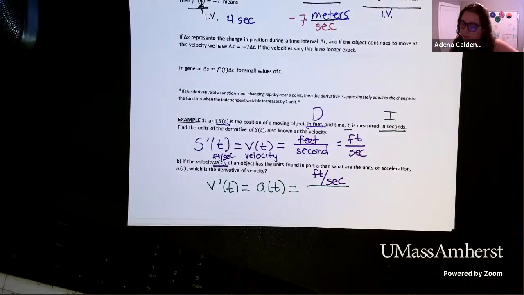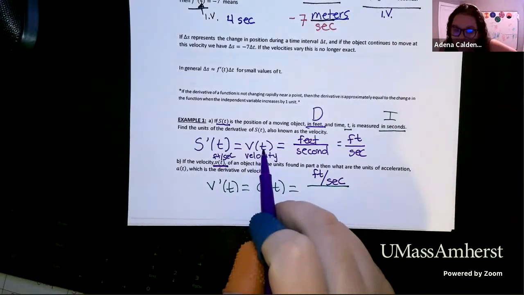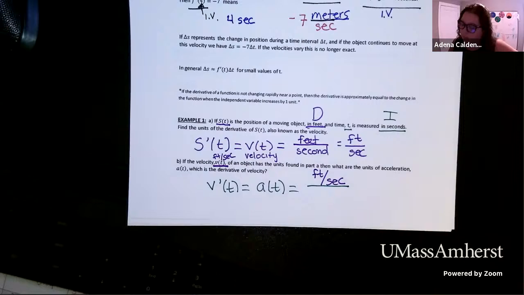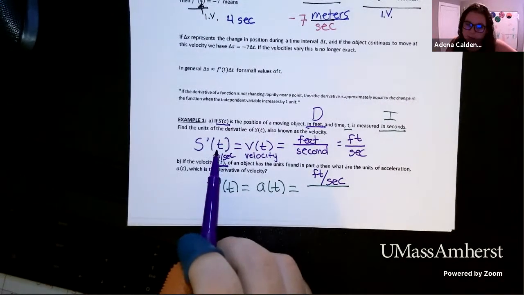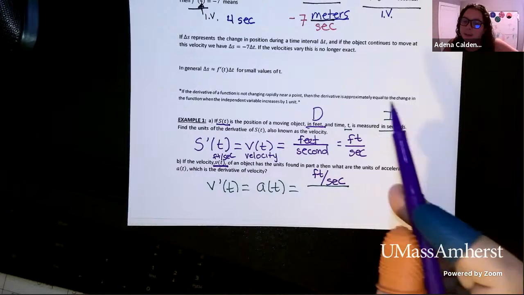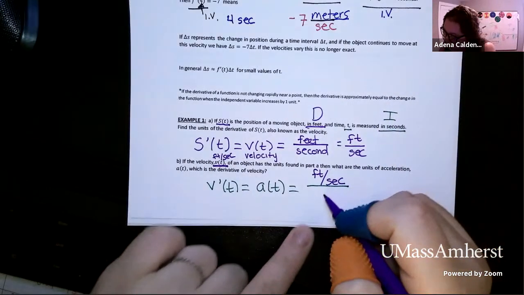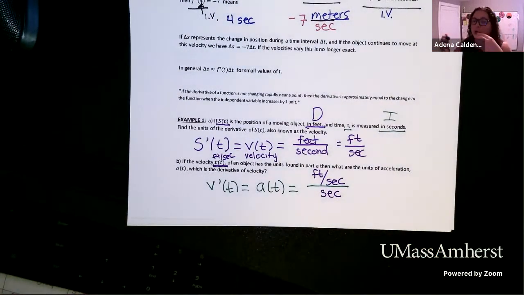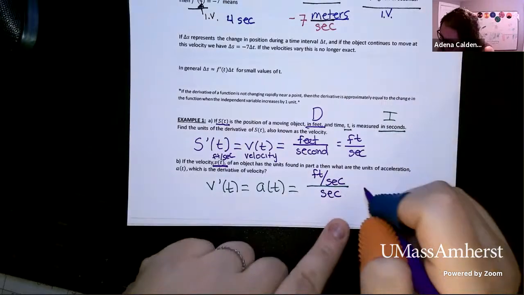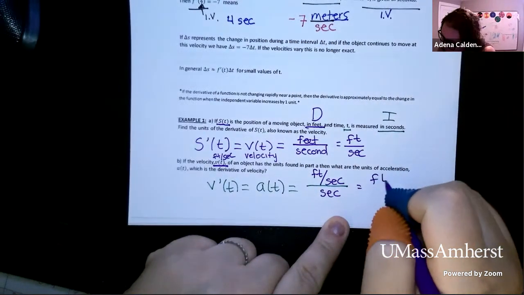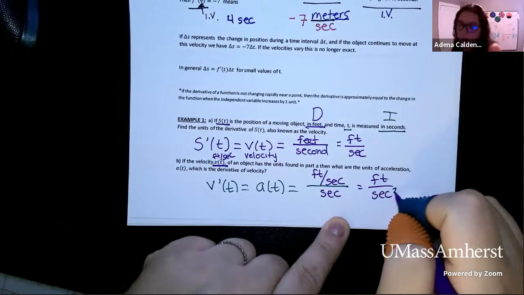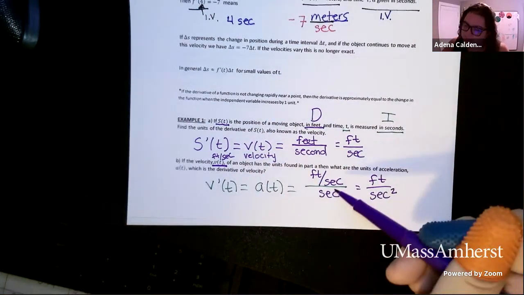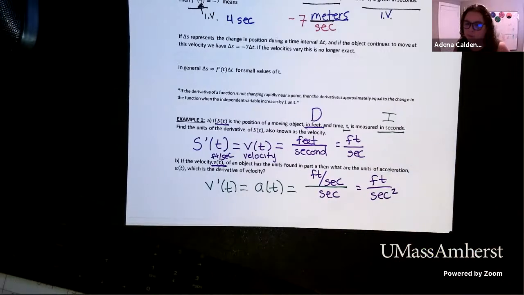The independent units of velocity are the units that you would plug into velocity, which is the same as the units you'd plug into position, which is time. So the independent units here are also seconds. So we have feet per second over seconds, and we can simplify this into feet per second squared, because if you divide seconds by seconds, they combine and become seconds squared. So the units of acceleration are feet per second squared.